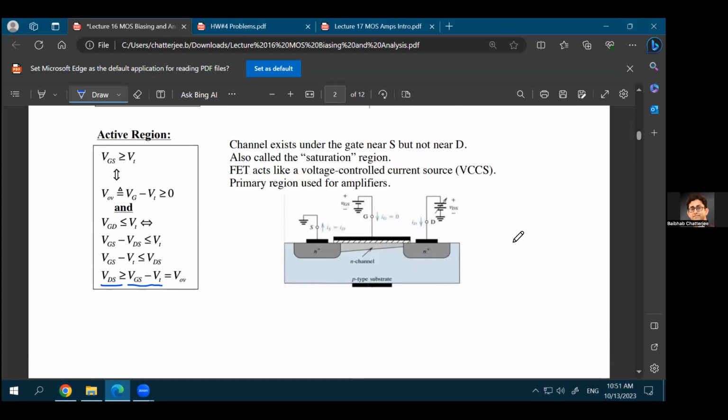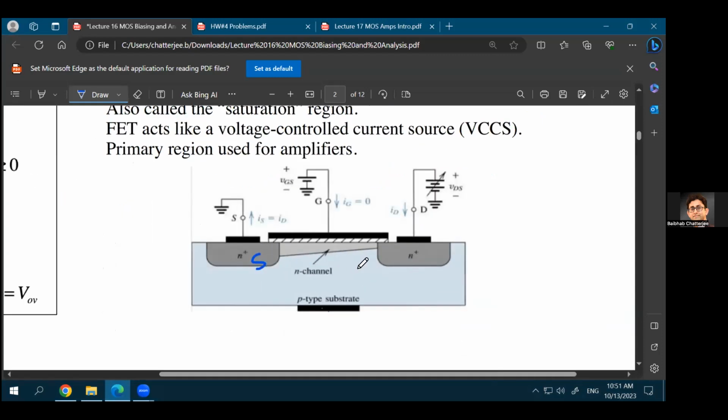Remember this diagram: if this is your source, this is your drain, and this is how the channel looks. The pinch-off condition will be when this channel looks exactly like a triangle, and the end point or vertex of this triangle lies exactly at the drain terminal.